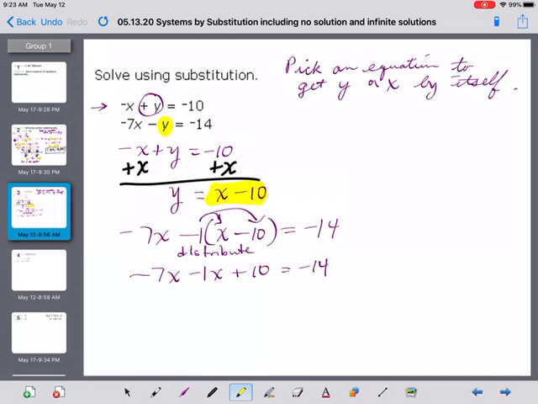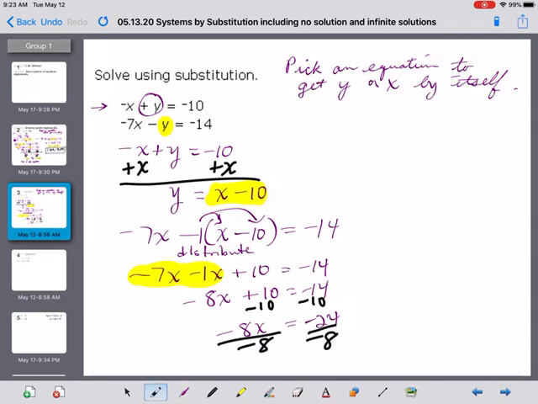What's next? Oh, combine like terms. So we have negative 7x plus negative 1x is negative 8x. And now solve the two-step equation. Minus 10 gives you negative 8x equals negative 24.